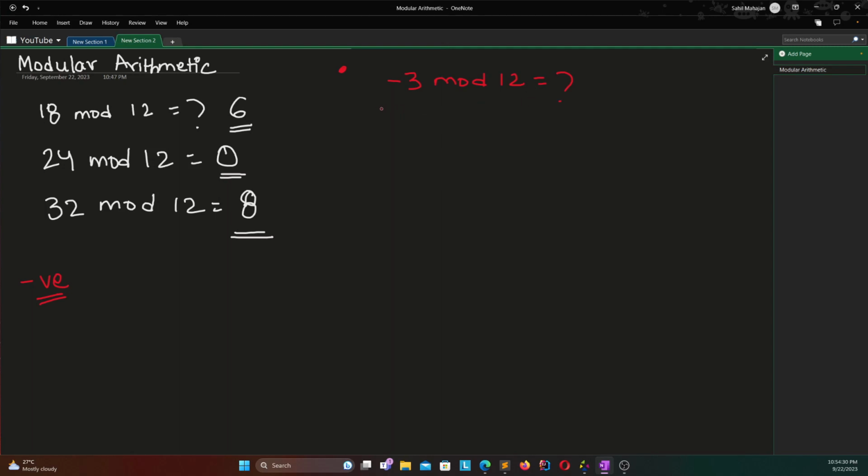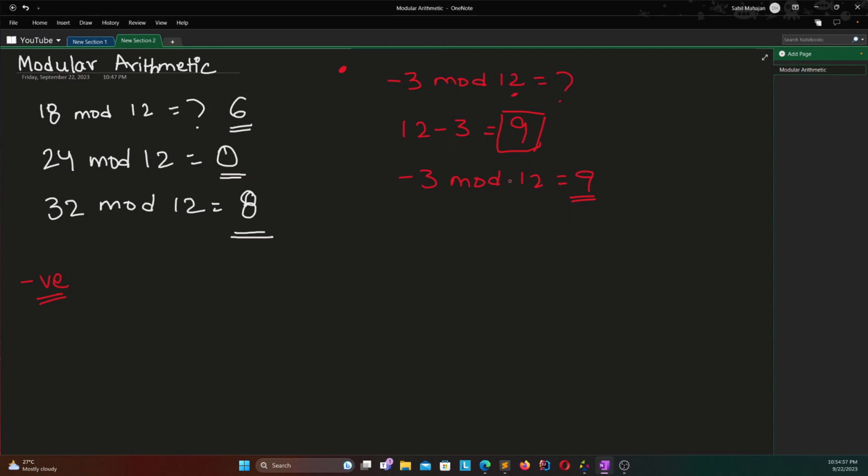Basically, in this, we have to go in the negative direction. So we take 12 and subtract 3 from it. 12 minus 3 is equal to 9, and this is our answer. As simple as that: minus 3 mod 12 is equal to 9. You just take 12, subtract 3, and you get 9.